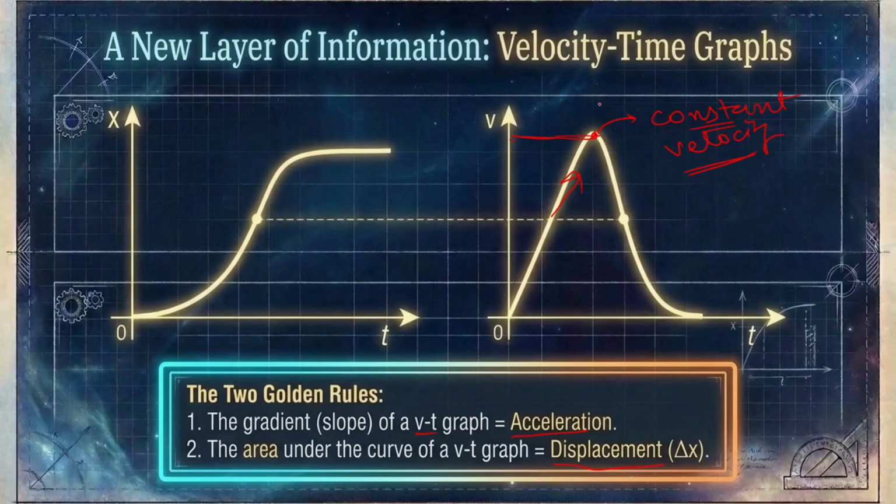And then the velocity decreases, meaning first we have 1 meter per second, then we go to 0.5 meter per second, like this. This is all about the velocity versus time graph and the position versus time graph.